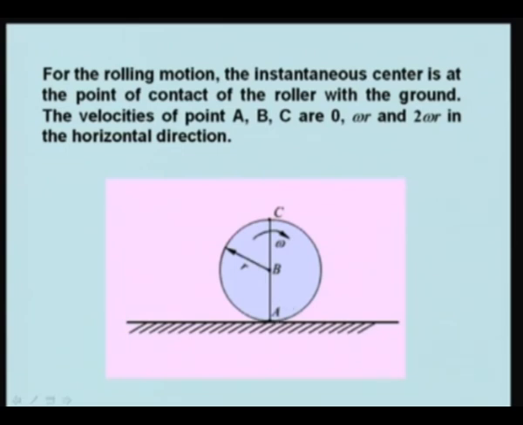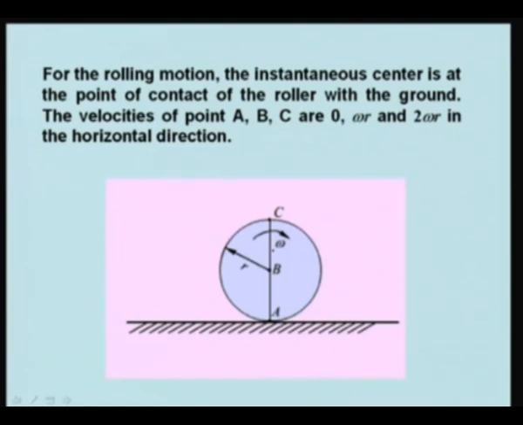So, its space centrode is always a straight line, because the position of A keeps on changing on the horizontal line. In pure rolling motion, the body is not having any relative motion with respect to the floor, and therefore, A is instantaneous center.